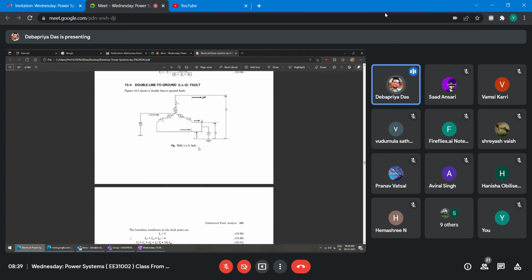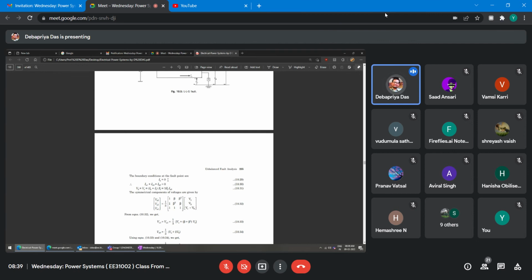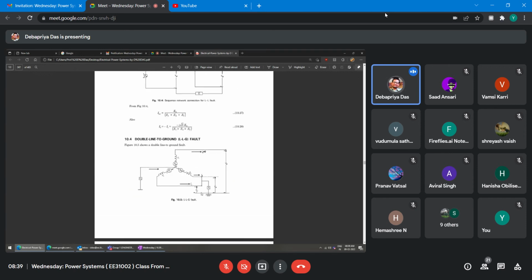Now in this case, IA is equal to 0. IA equal to 0 means the positive sequence plus negative sequence plus zero sequence current is 0. Therefore, VB is equal to VC, because if you look into the diagram, these two are grounded. This is VB and this is VC.